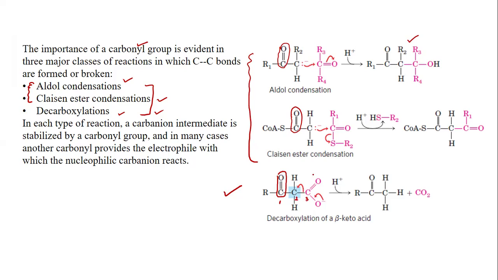So what will happen when some nucleophile attacks, or when a substituent wants to take the position of this carbon dioxide? It will be released as a leaving group. So this decarboxylation, this release of carbon dioxide from this structure, has become possible because of the presence of the carbonyl functional group behind this.